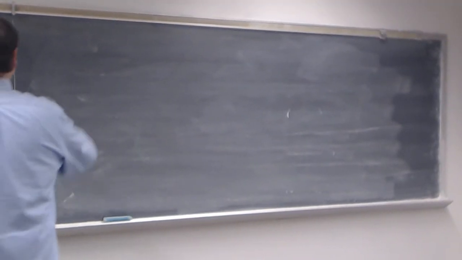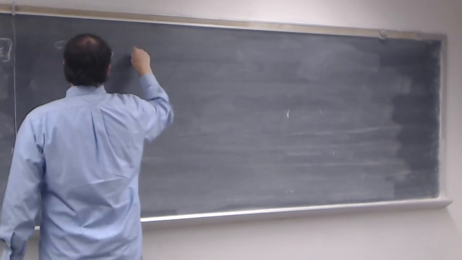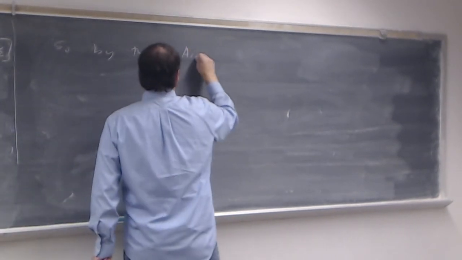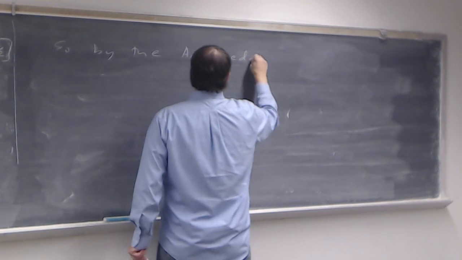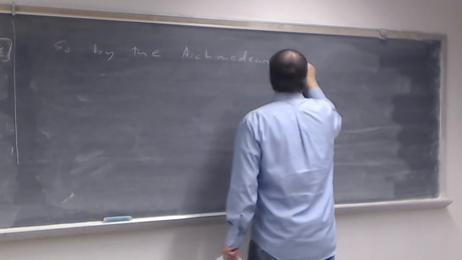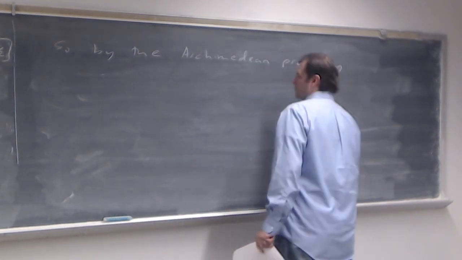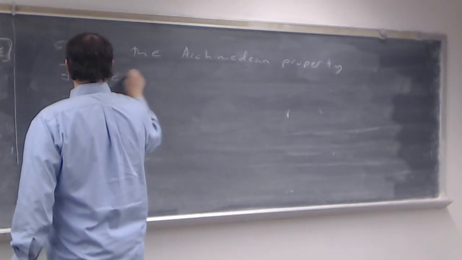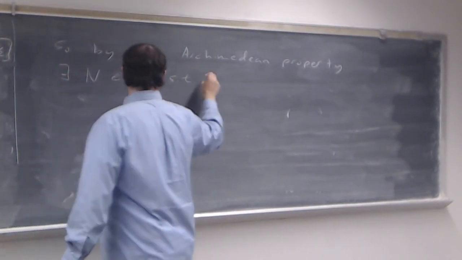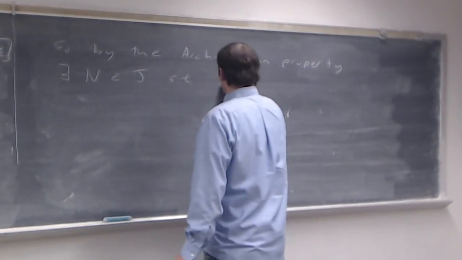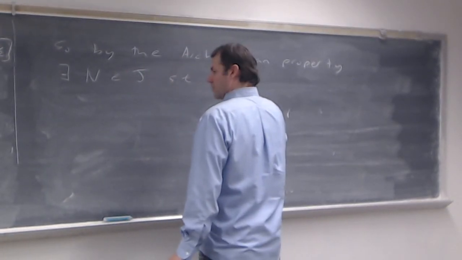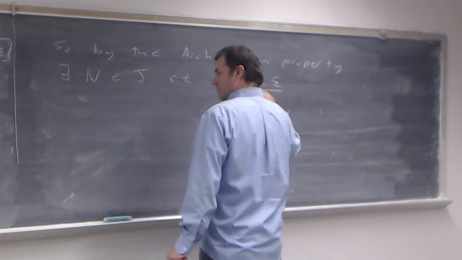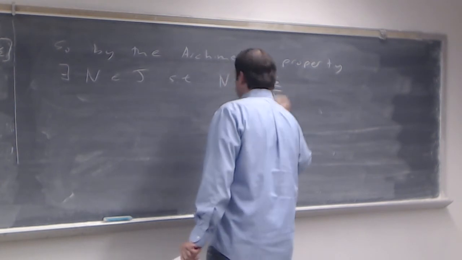So by the Archimedes property, there exists a big N element of the natural numbers such that big N will be greater than or equal to ln of epsilon over ln of 1/2.